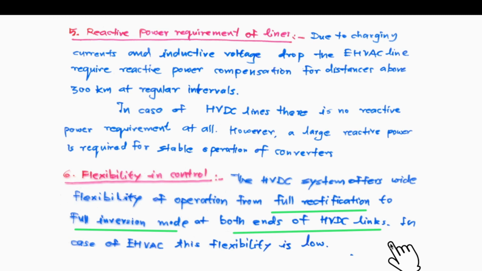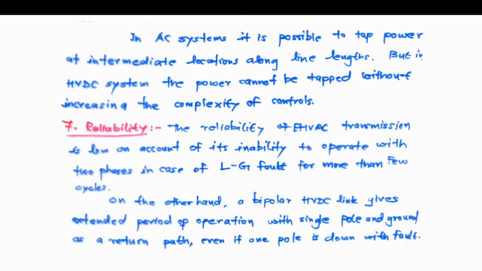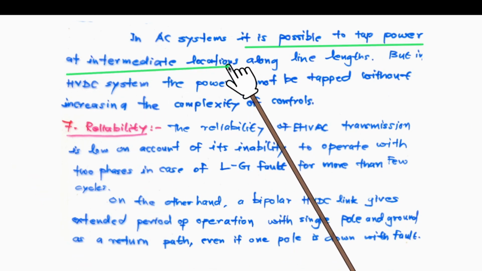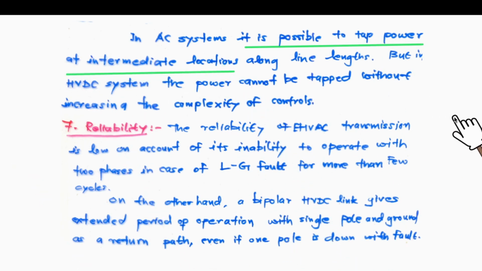But if you observe the other aspect of it, you will realize that in case of AC system, it is possible to tap the power at intermediate locations. जैसे AC नेटवर्क में क्या है कि यदि आप यहाँ से you are transmitting to a distance of 300 kilometers and let us say some town is emerging at a distance of 100 or 150 kilometers in between.